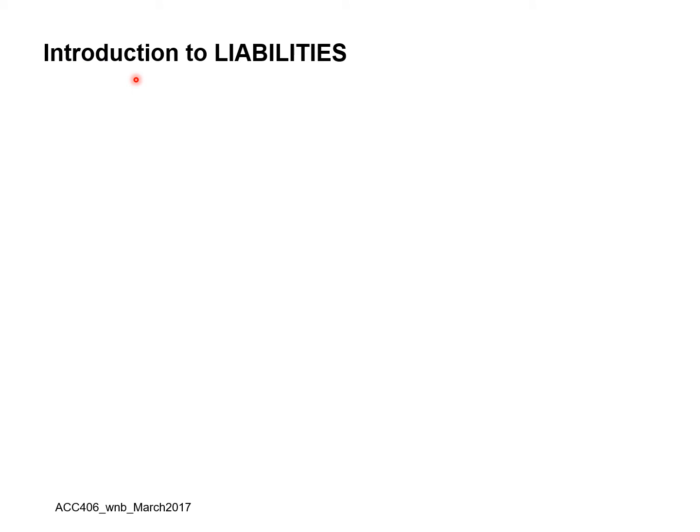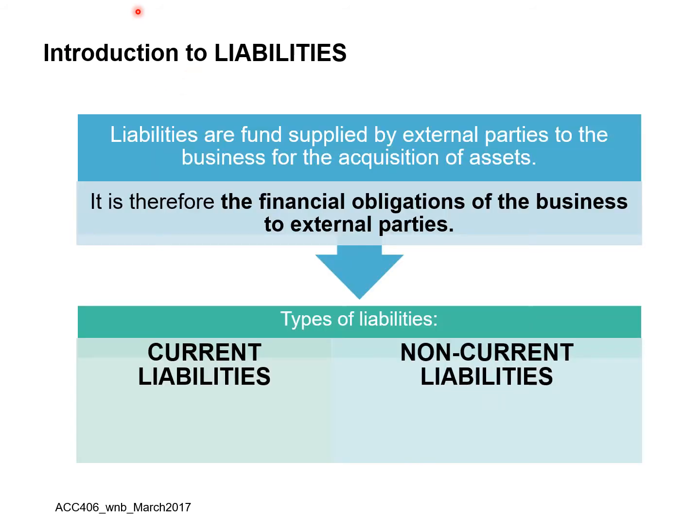Next, kita nak introduce you to the liability. So, liabilities adalah fund yang supplied by external parties to the business for the acquisition of assets. Okay, so dia adalah duit yang orang bagi dekat kita ataupun kita pinjam daripada orang untuk kita buat kita punya business ataupun kita nak acquire asset.